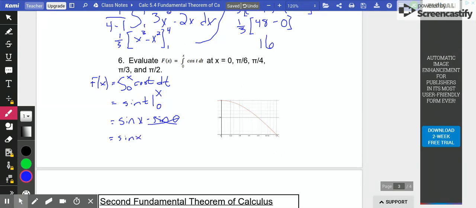And now what they want us to do is evaluate, so f of x is sine x. So now they want us to evaluate f of 0 and f of pi over 6 and f of pi over 4 and f of pi over 3 and f of pi over 2.